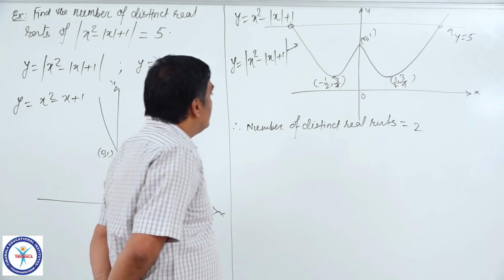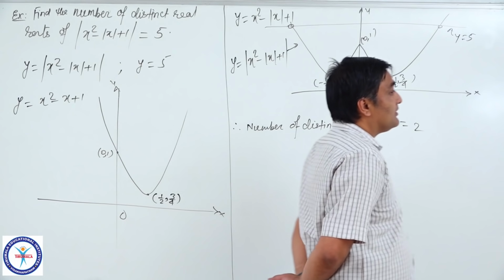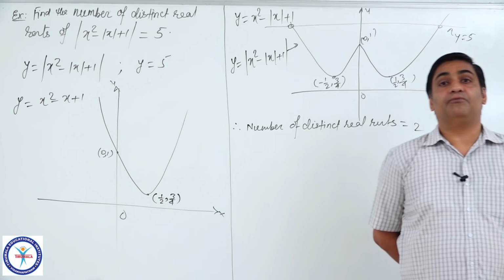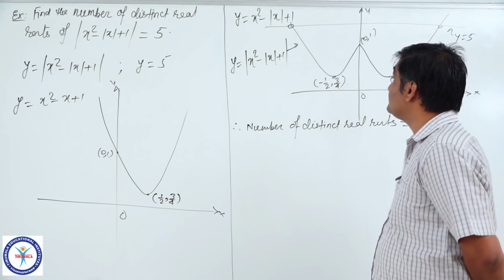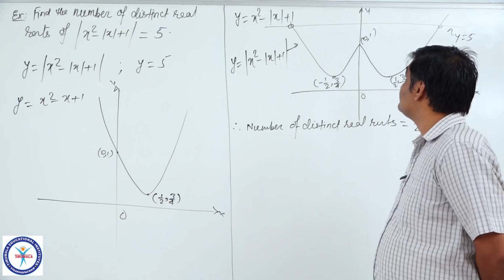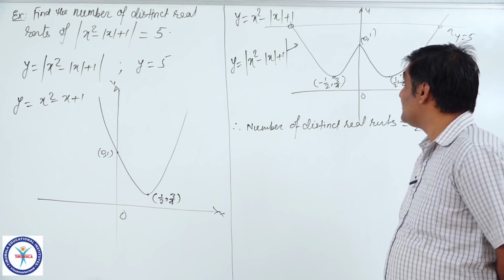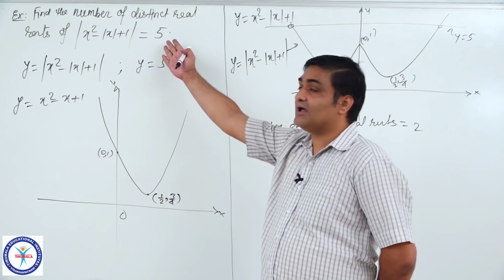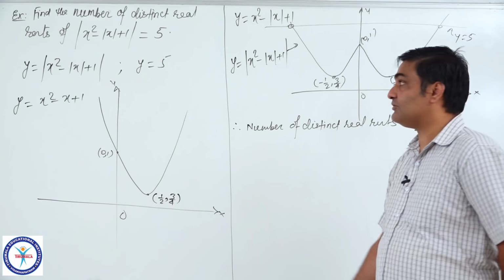Now, when will this equation have 4 distinct real roots? Here it is 5, then 2 real roots.